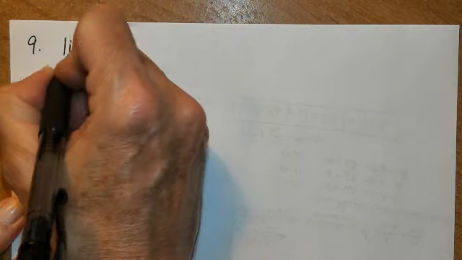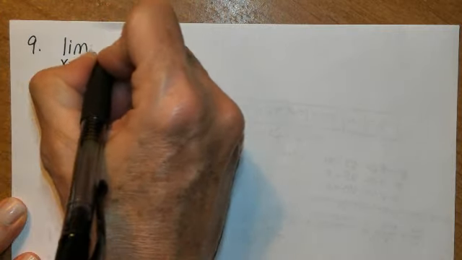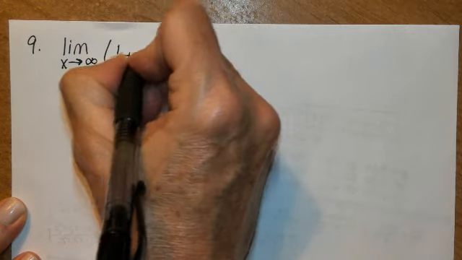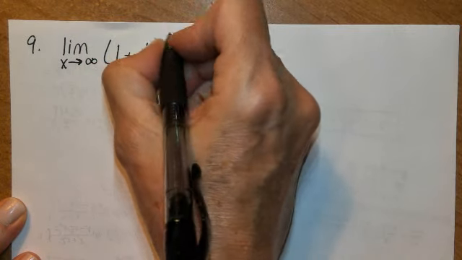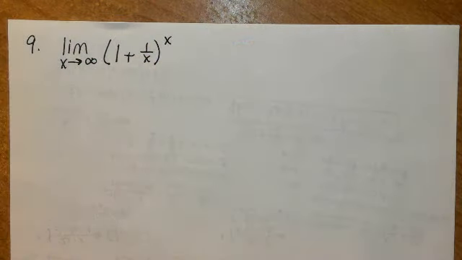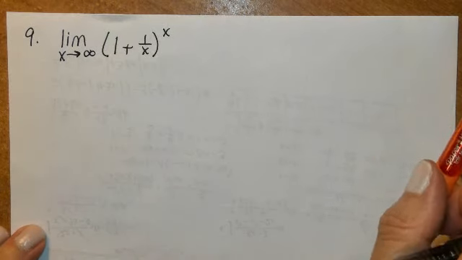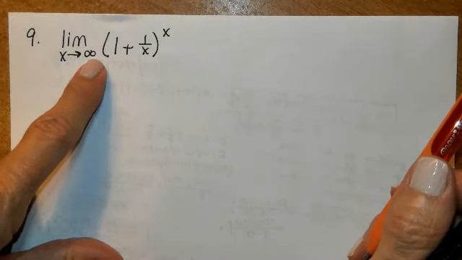Example 9. The limit as x approaches infinity of 1 plus 1 over x, all to the x. Okay. All right, let's plug in this huge unbounded number.